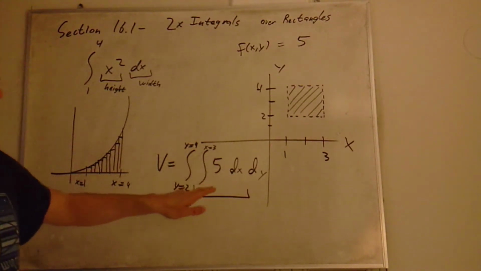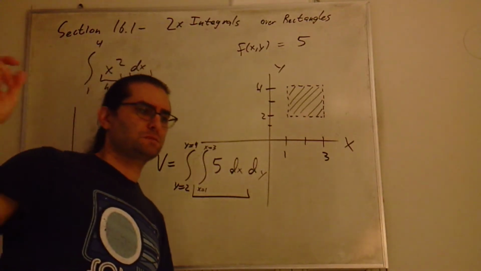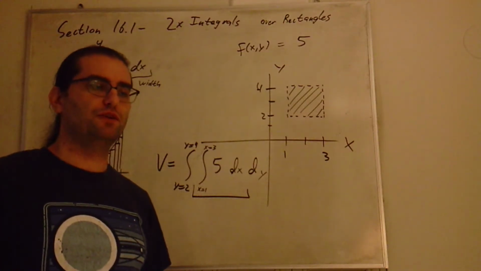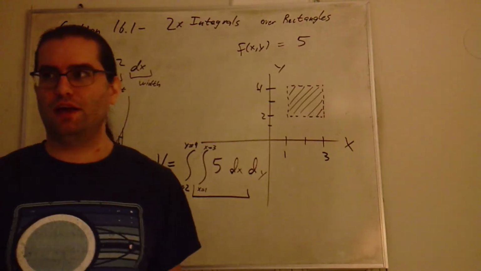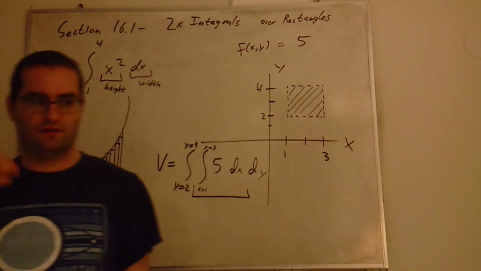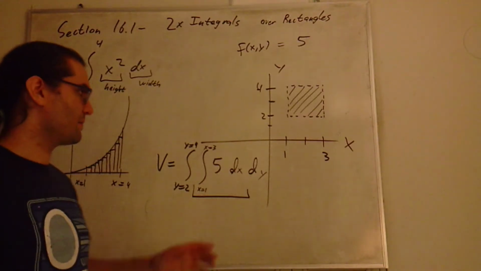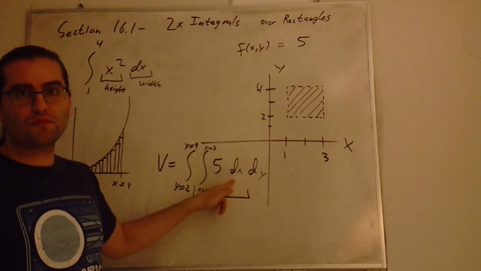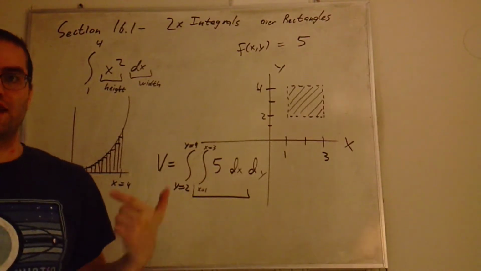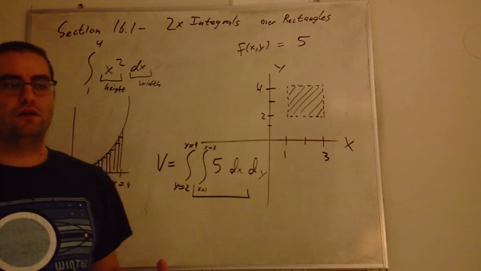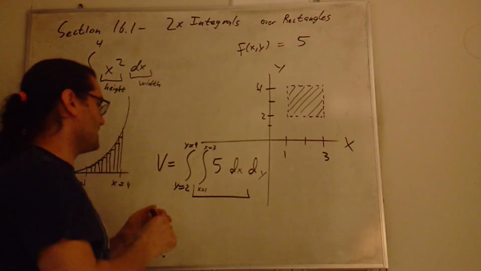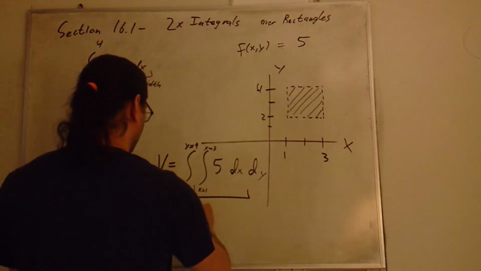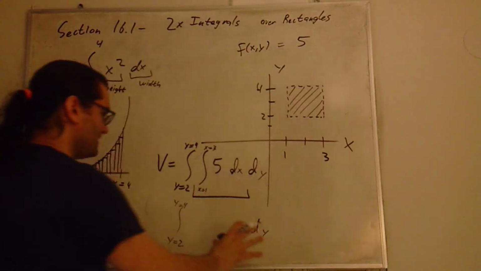So let's talk about how you evaluate this. Just like when we were doing partial derivatives, when you evaluate an integral with multiple different variables, this is the variable that you're integrating with respect to in the first one, and you treat all the other variables as if they were constant. So, in this case, this integral from y equals 2 to y equals 4, and the dy on the back end, that's not going to change.